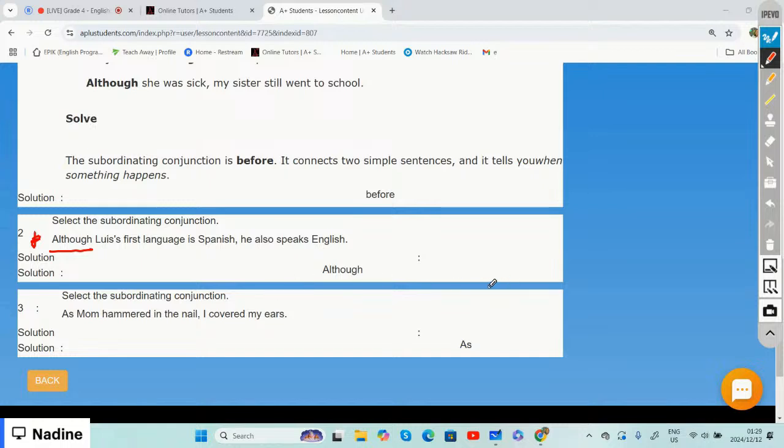And if we select our subordinating conjunction, it will be as. So as Mom hammered in the nail, I covered my ears.